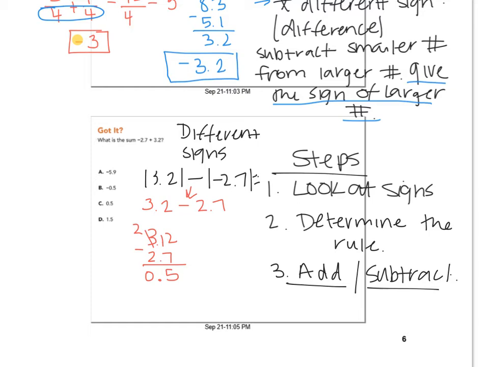Now our larger number in this one would be our 3.2. That's a positive. So our answer is going to be positive. So our answer is just 0.5. So add over here on your steps to check your sign.